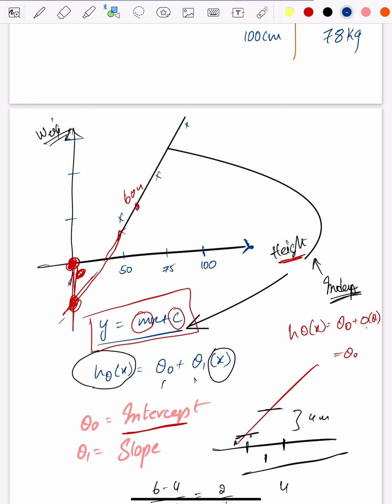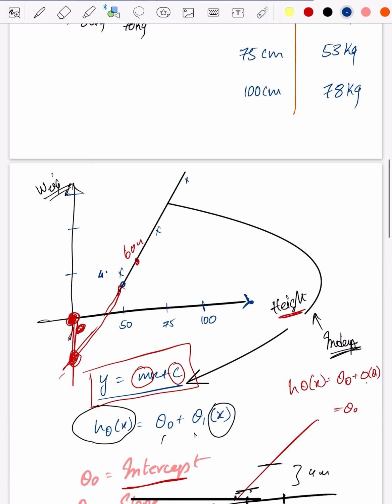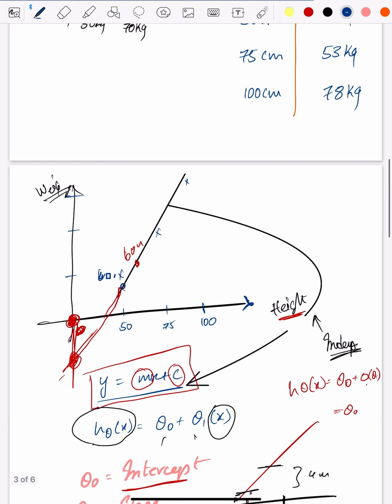For this height, how much is it gonna be? This is 40 kgs. Sorry, this is 40 kgs. So our model is just predicting 38 kgs. So there's an error of 2 kgs.